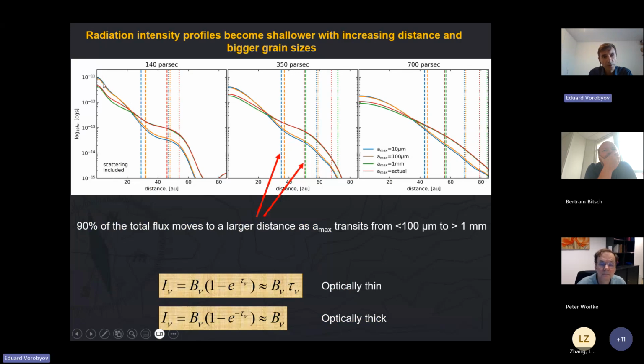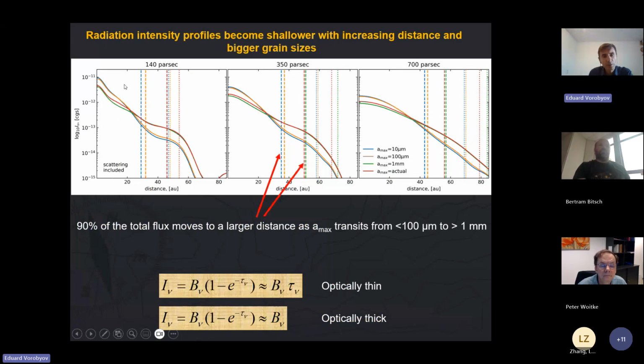So pay attention first to these two. What are the upper two curves here? These are curves for small dust, 10 micron, 100 micron. And as the dust becomes greater, approaches 1 millimeter, then the profile becomes shallower.